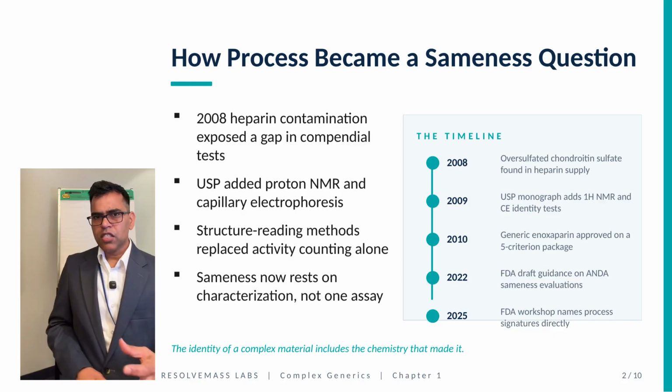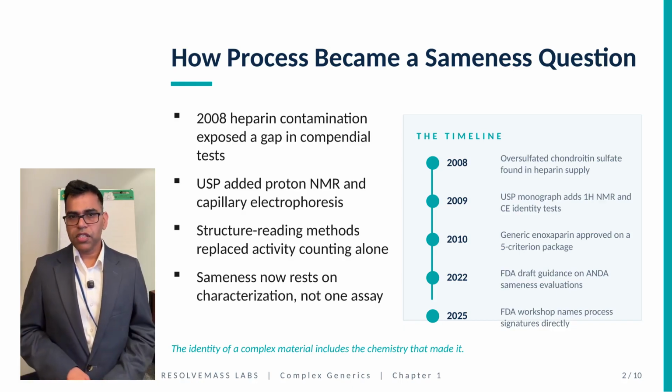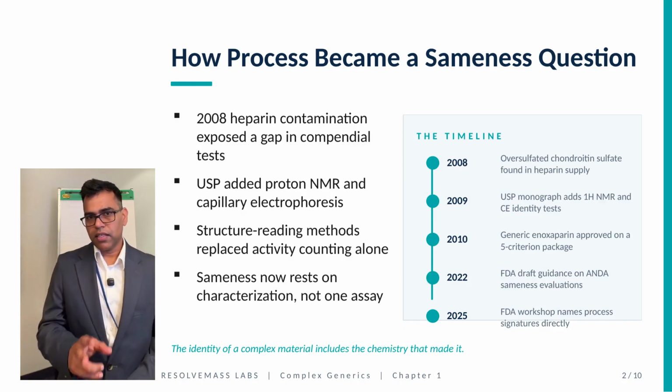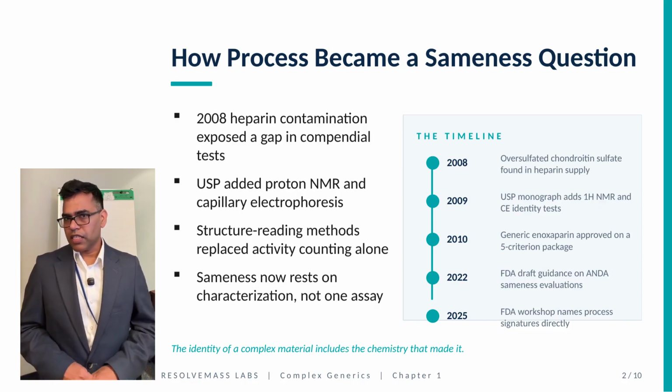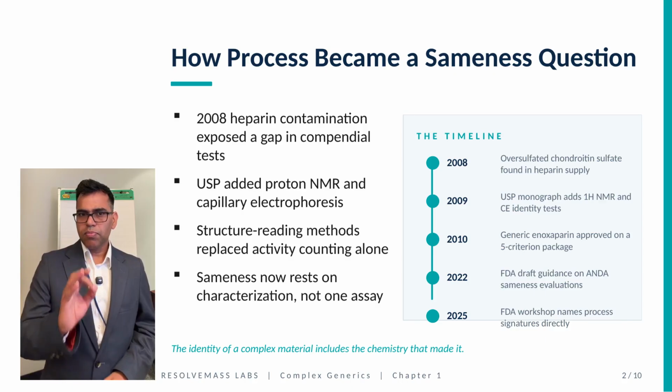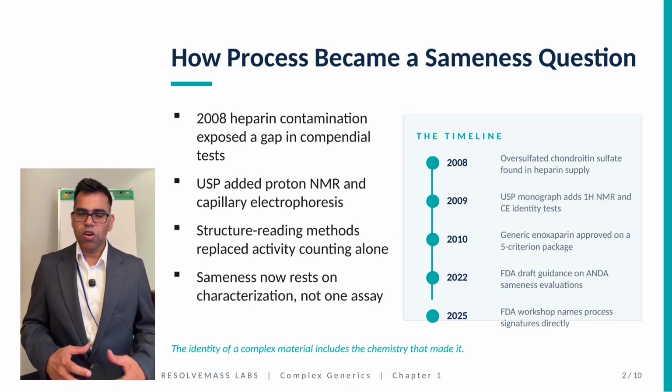USP revised the monograph and added proton NMR and capillary electrophoresis, two methods that read the shape of the molecule instead of only counting activity. That moment taught the industry something it still builds on.